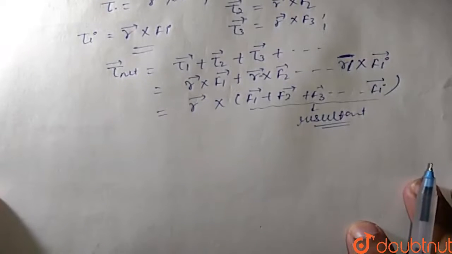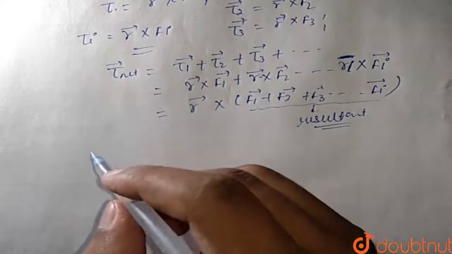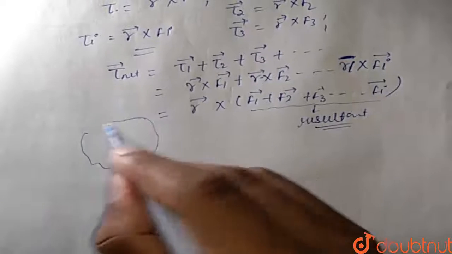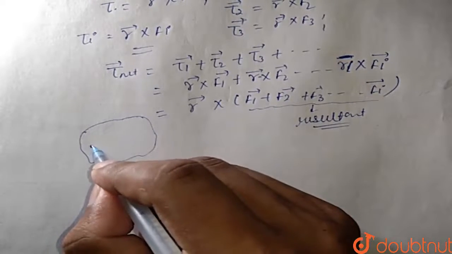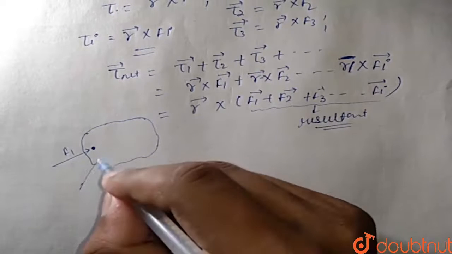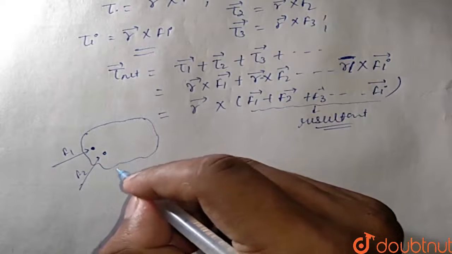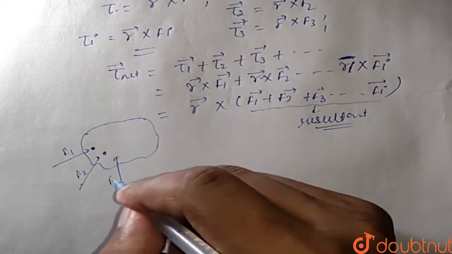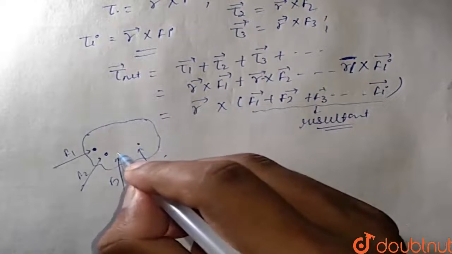What happens if all forces are acting on different points? Let's suppose we have a body and it has different particles or points, and forces are acting. Suppose F1 is acting here and F2 is acting here and F3 is acting here, and this is generally Fi also acting here.